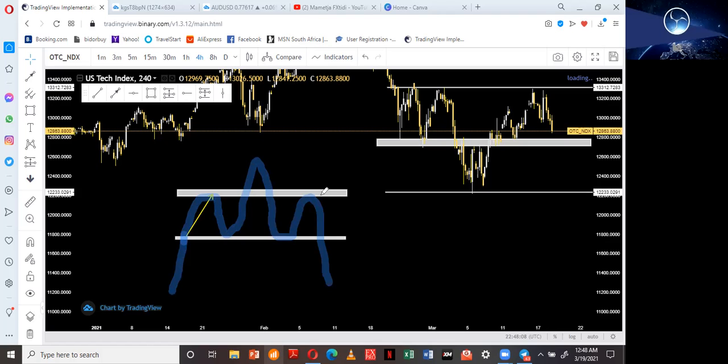So an inverse head and shoulder would look like this.